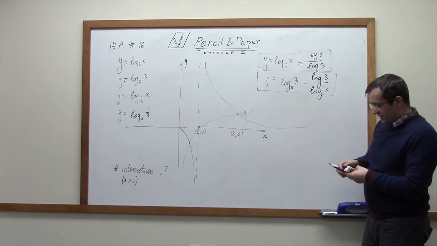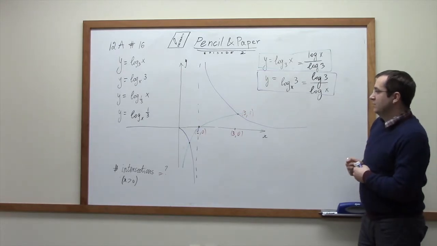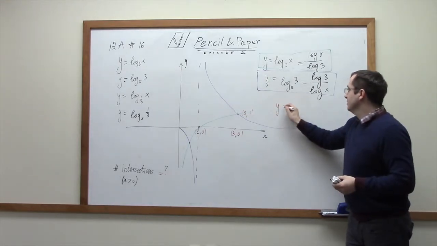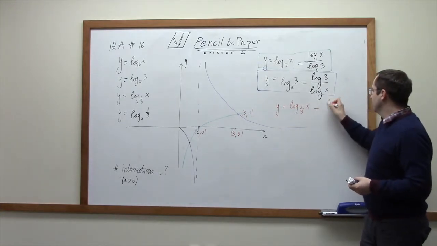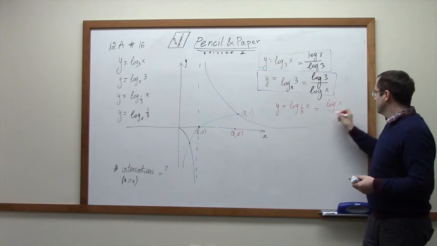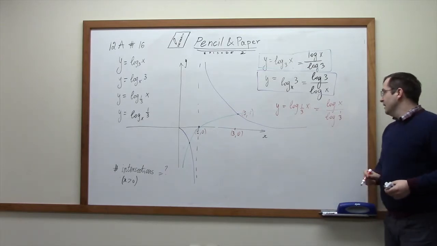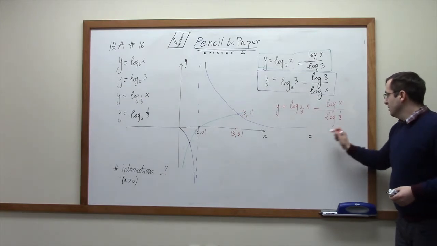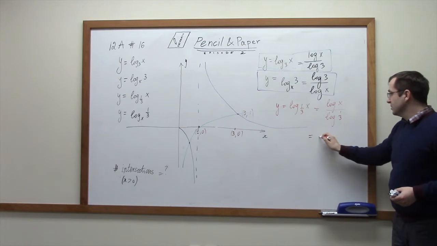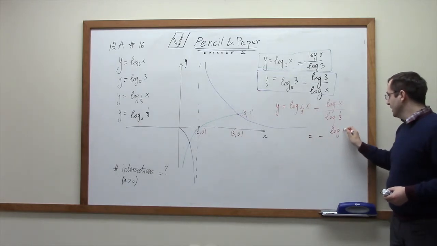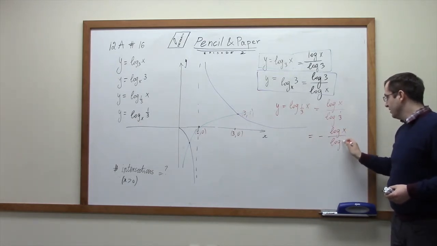Let's take the next one. It's y is equal to log base 1/3 of x, which we can rewrite as log x over log 1/3. And log 1/3 is log of 3 to the negative 1 power, so I can rewrite it as negative log x over log 3.